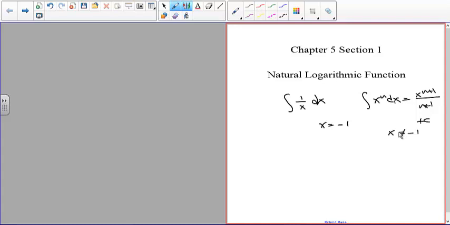And since the exponential function is the inverse function of the logarithm, which we'll find out the actual solution to this is the natural log, we can use that information from this section to find out what the integral of e to the x is. And then, we have the inverse trig functions that we haven't dealt with. After we get through chapter 5, we'll pretty much have all of the integral formulas.